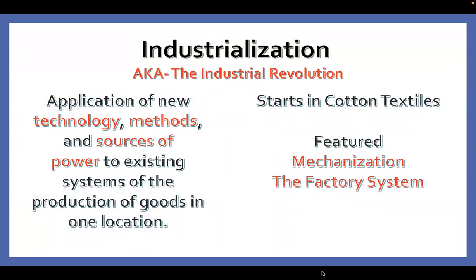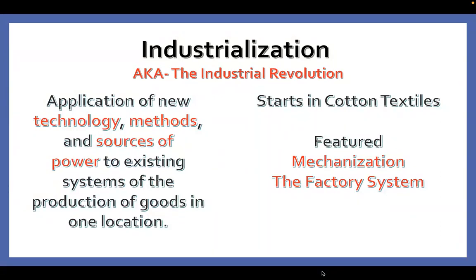Now, it has two key features. The first is mechanization. What mechanization means is the application of machines and power to replace handmade goods. Finally, we have the factory system, which is another key characteristic of industrialization. This is when workers, owners, and managers use the technology and the new sources of power to produce goods in one place.